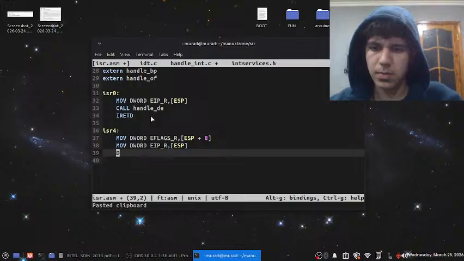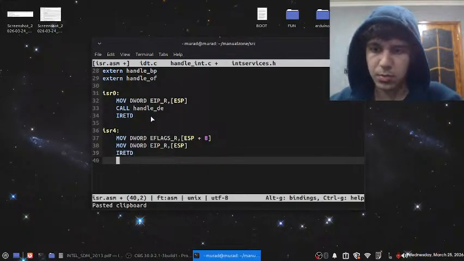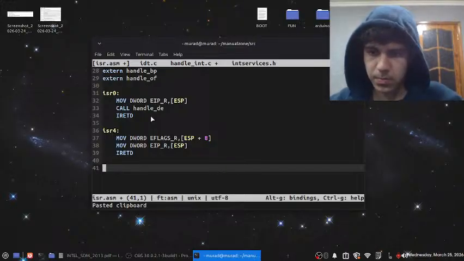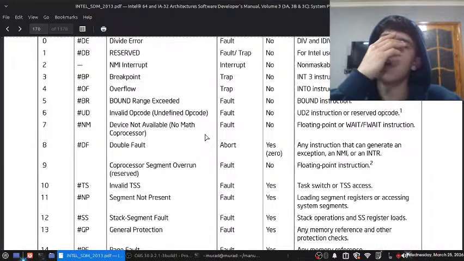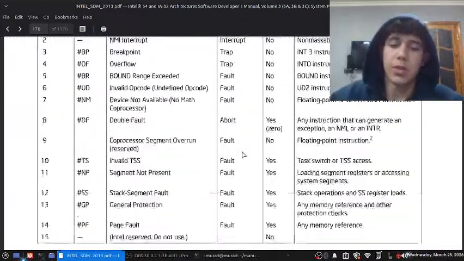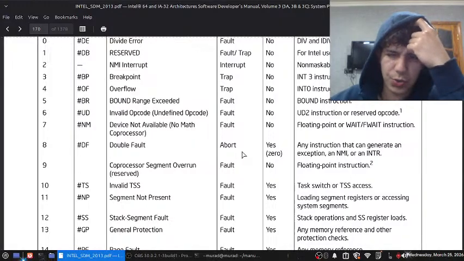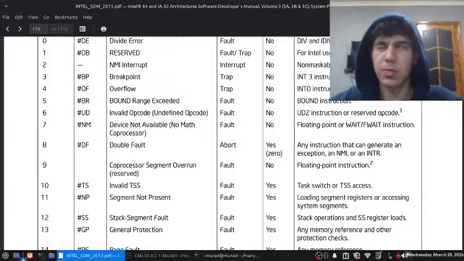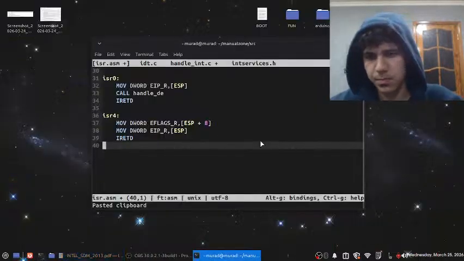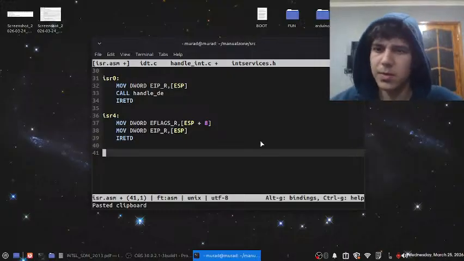Pop. Simply do. Wait. Okay, so when I execute the push instruction, the CPU currently points to the ESP itself. It points to itself.